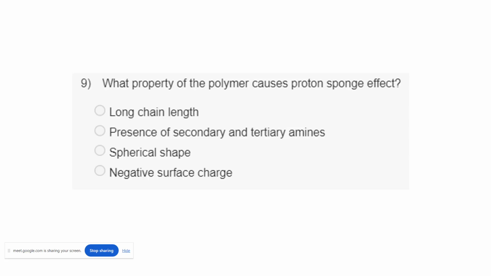Okay, moving on to the next question. What property of the polymer causes proton sponge effect? Secondary and tertiary amines. Okay. Negative surface charge. Okay. Option 2. Okay.